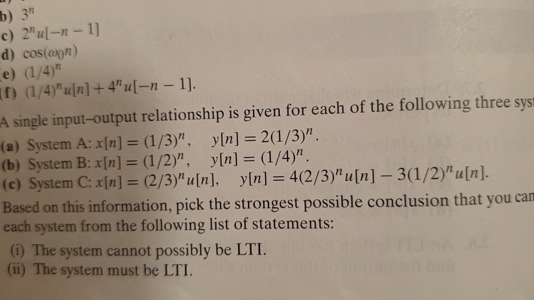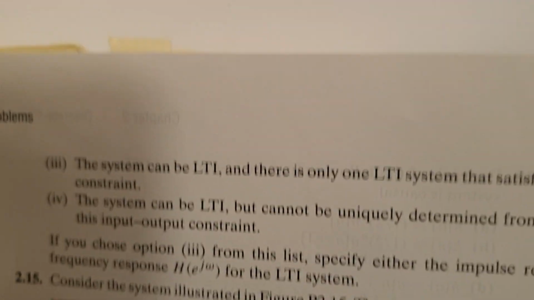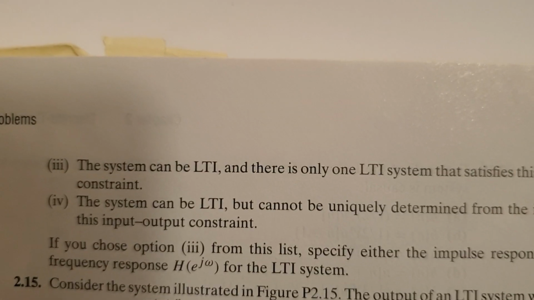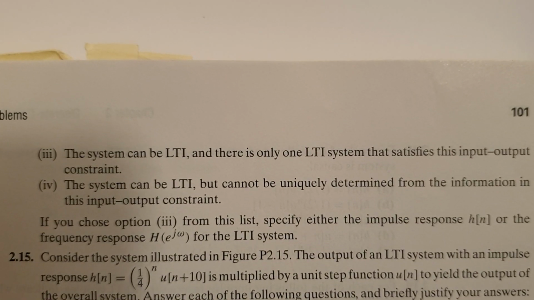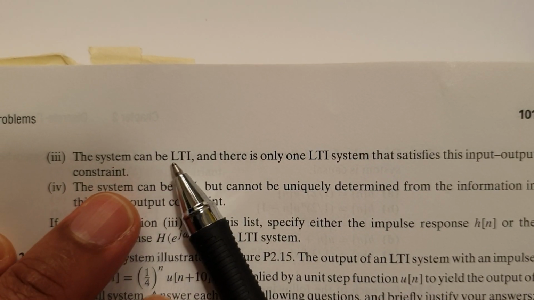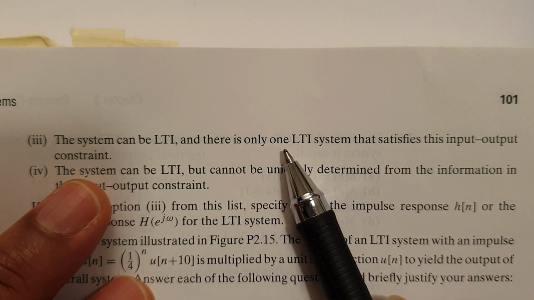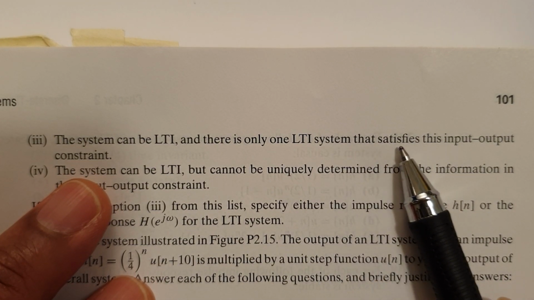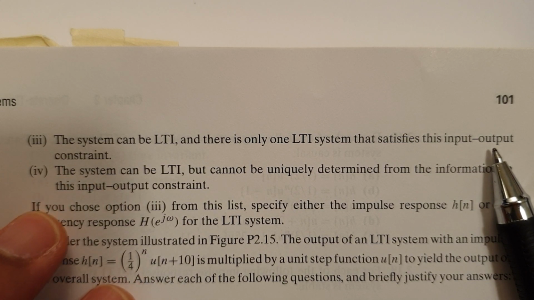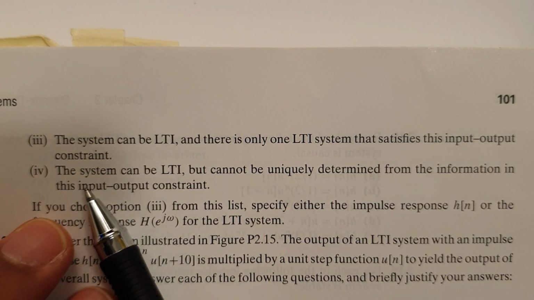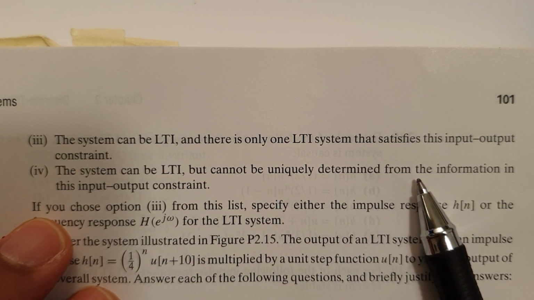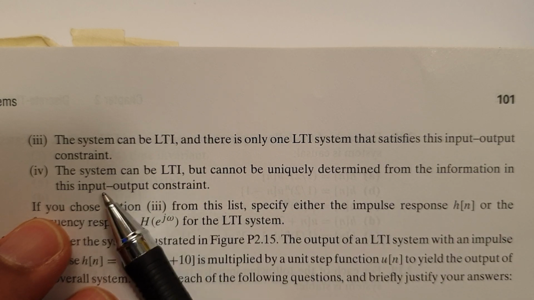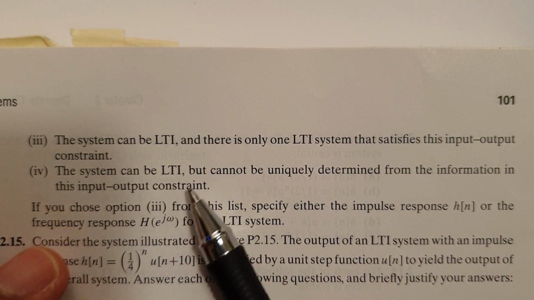So these things are related. The last two possible choices are these. This one says the system can be linear and time invariant, and there is only one linear and time invariant system that satisfies the input-output relationship constraint. And the last one says the system can be linear and time invariant, but cannot be uniquely determined from the information in this input-output constraint.